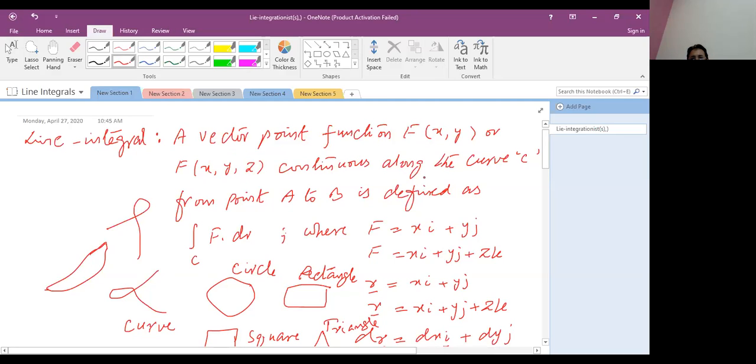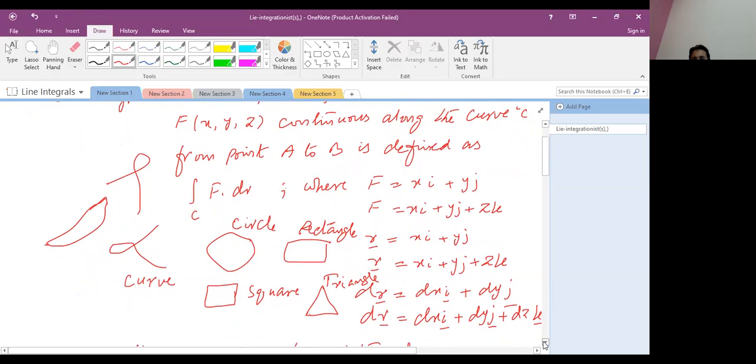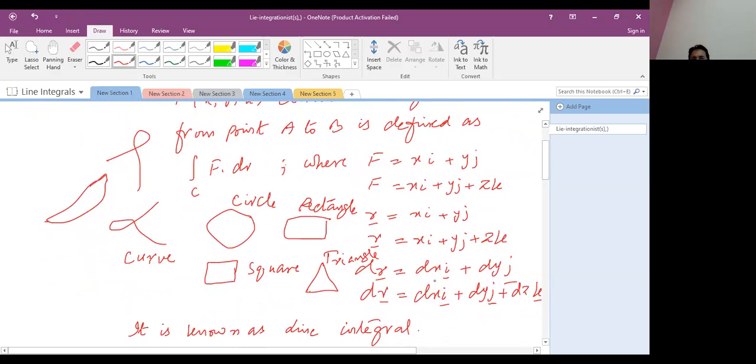Both are continuous along the curve C from point A to B. According to this definition, the line integral is integral over C of f dot dr. If you are given the vector r, in 2 dimension or 3 dimension, then you find the derivative of r, which is dr. This type of integral is known as the line integral.